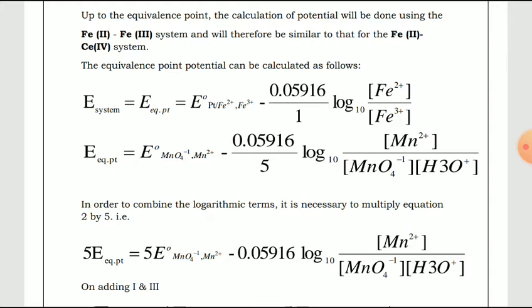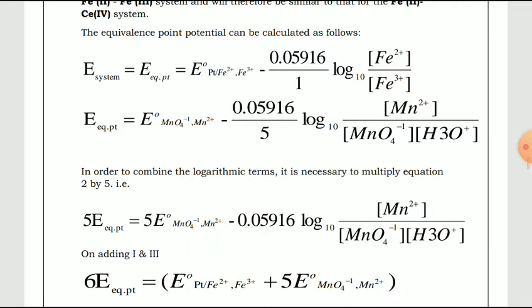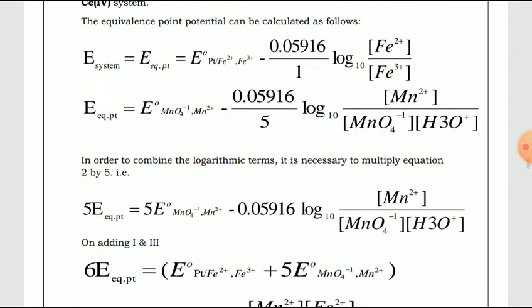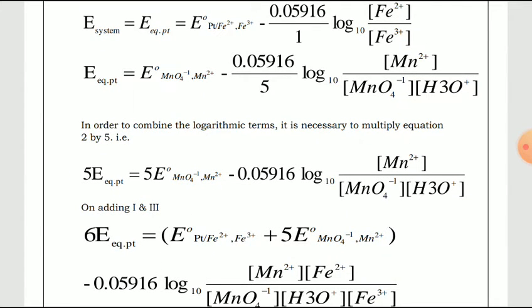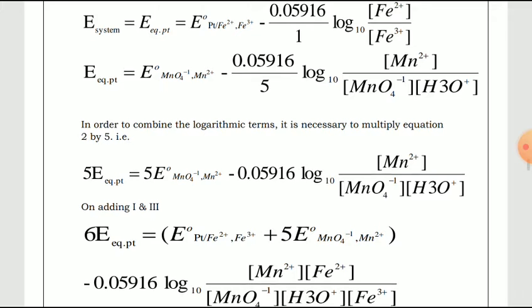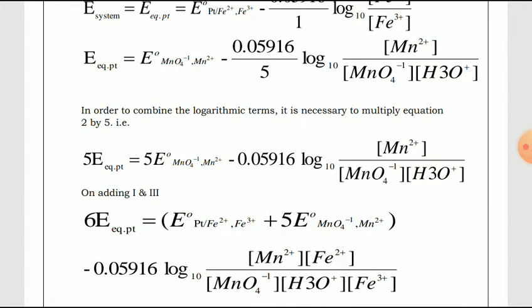Then when we add equation number 1 and this third equation, we get 6 E equivalence point is equal to E naught Pt Fe2 plus to Fe3 plus, plus 5 E naught MnO4 minus to Mn2 plus, minus 0.05916 log of the concentration of Mn2 plus into Fe2 plus upon concentration of MnO4 minus into H3O plus into Fe3 plus.